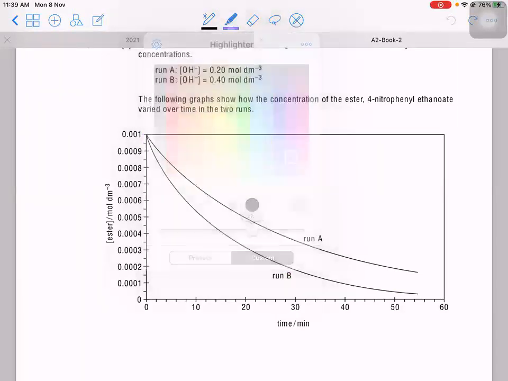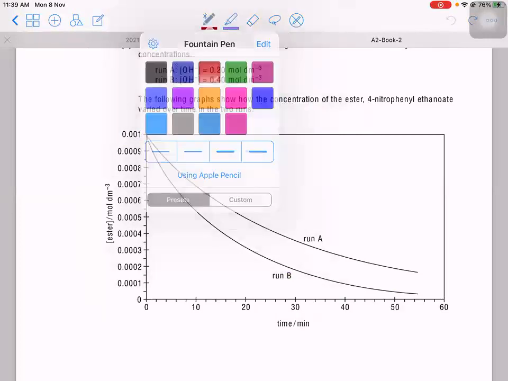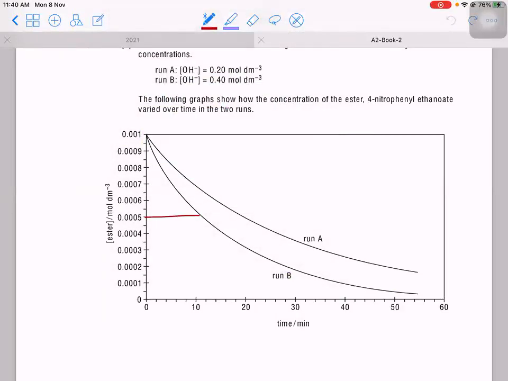What is your initial concentration? 0.01. Let's see. Half of this would be this much. And this comes out to be 12 minutes. So this is 12 minutes. What will be the half of this value? 0.0025. So that would be this much.